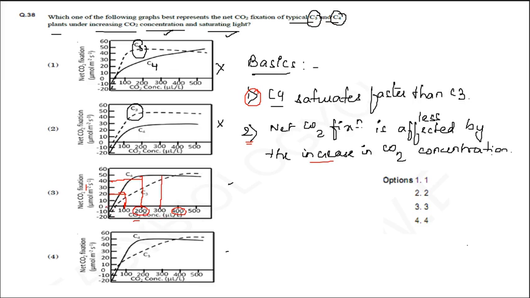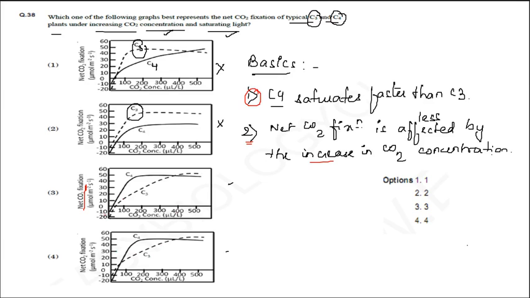Even at low CO2 concentration, C4 plants show some net CO2 fixation, some photosynthate is produced even when CO2 is very low, because they have the Kranz anatomy, by which they capture the CO2 in the bundle sheath cells.